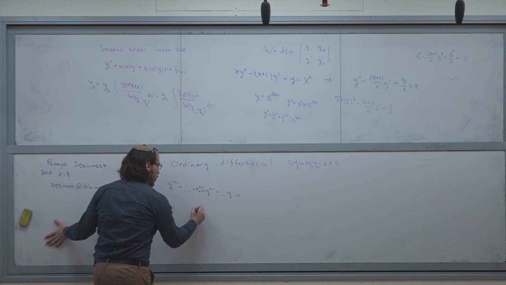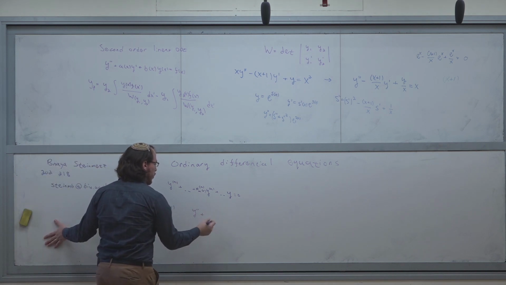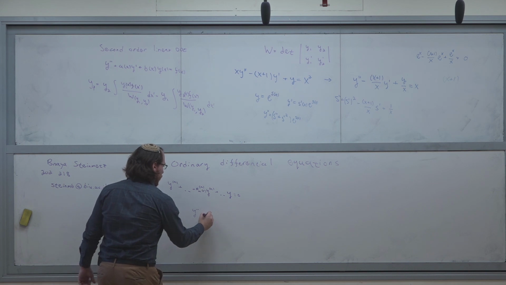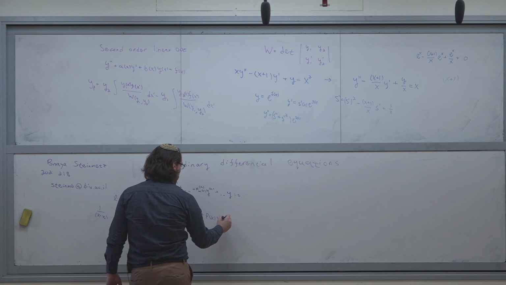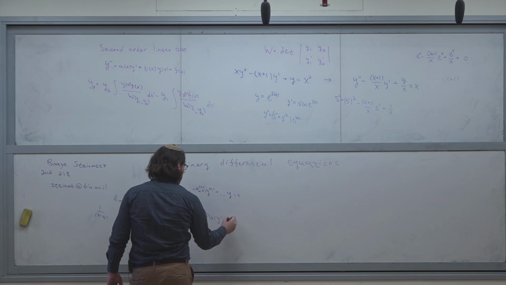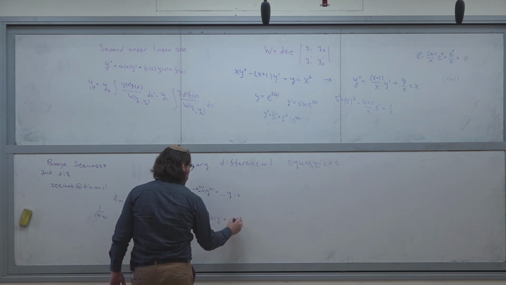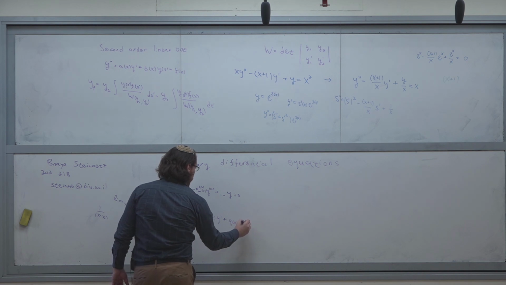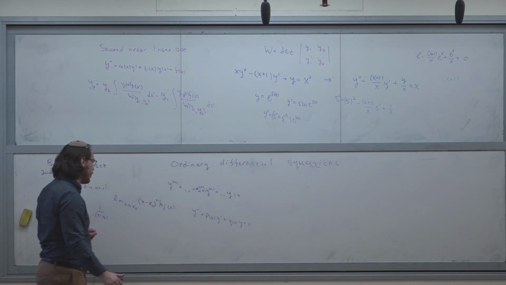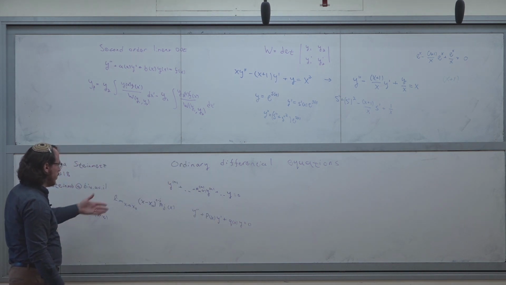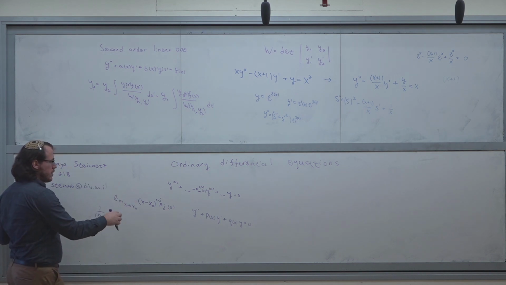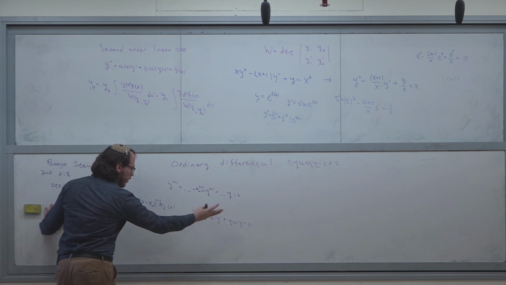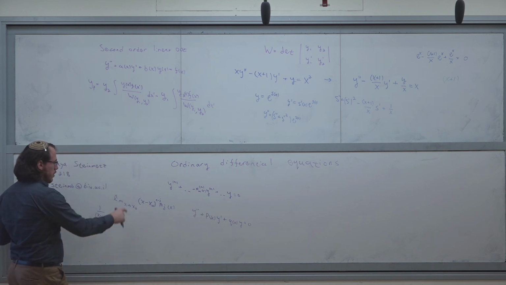So we have y double prime plus p of x y prime plus q of x y equals 0. So let's assume we are talking about the first derivative.